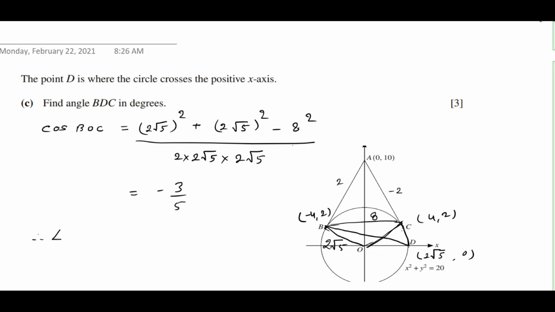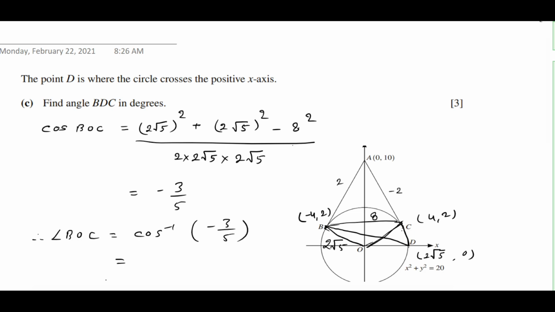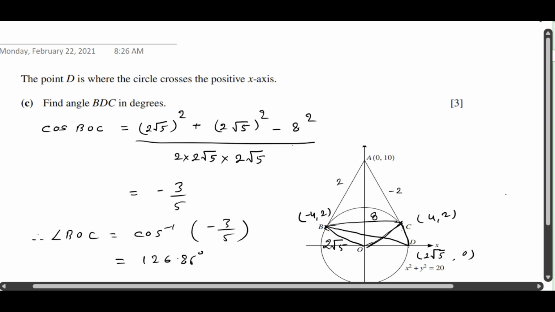So therefore angle BOC will be equal to cos inverse of minus 3 divided by 5. I will shift cos inverse of answer minus 3 by 5. I will get the answer as 126.86 degrees.